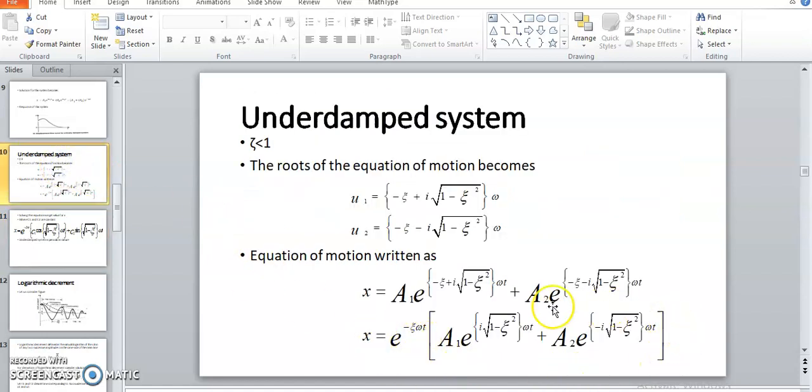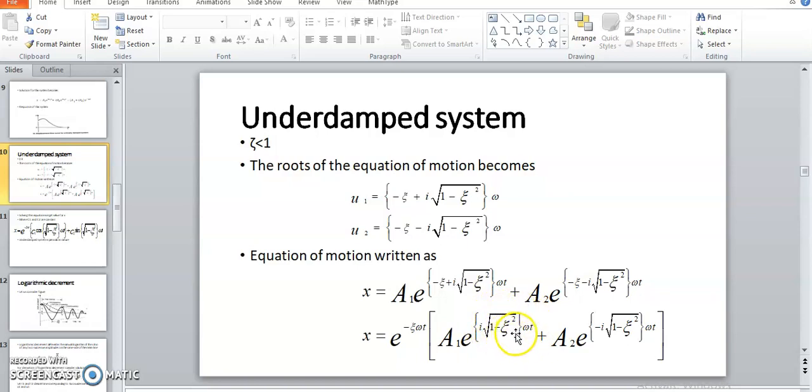Now we can simplify this equation. We know that e raised to ix is equal to cos x plus i sin x. So we replace e raised to i times x, where the x term becomes square root of 1 minus zeta square omega t.